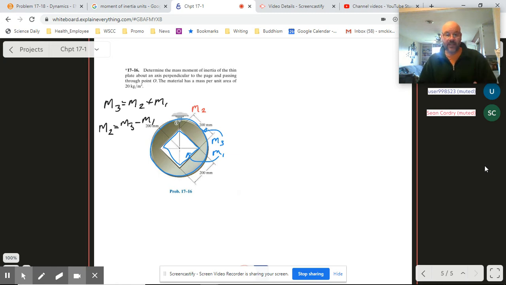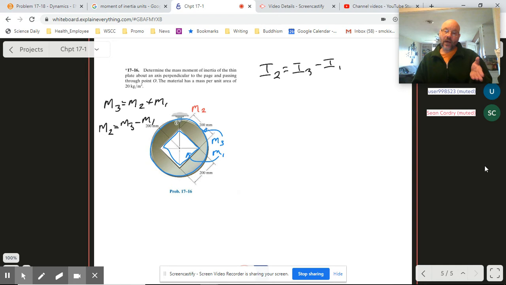But we can do the same thing with moments of inertia. So I could say that my moment of inertia of the disk with the hole punched into it is equal to the moment of inertia of a plain disk minus the moment of inertia of the hole that's punched into it.